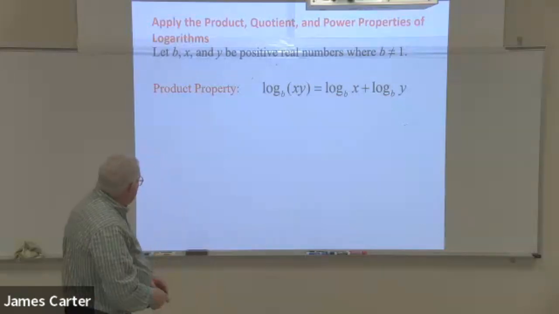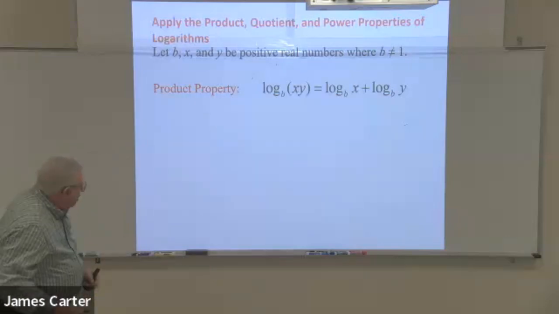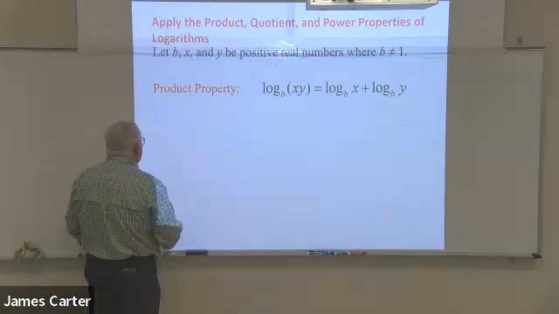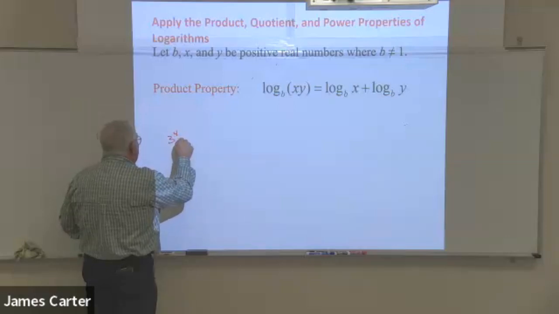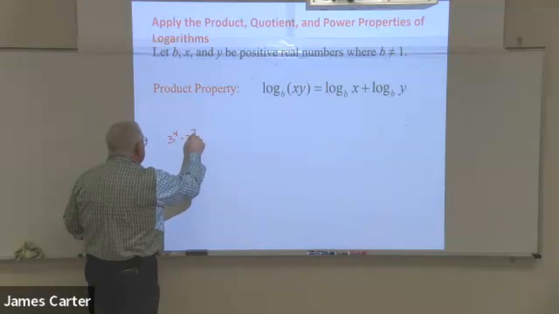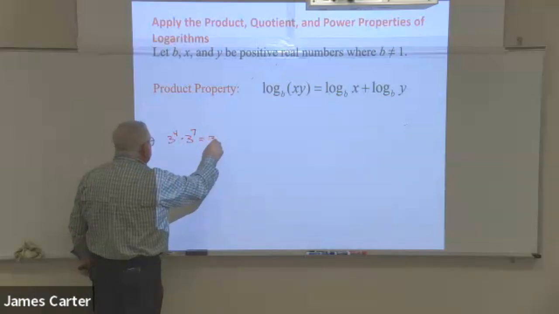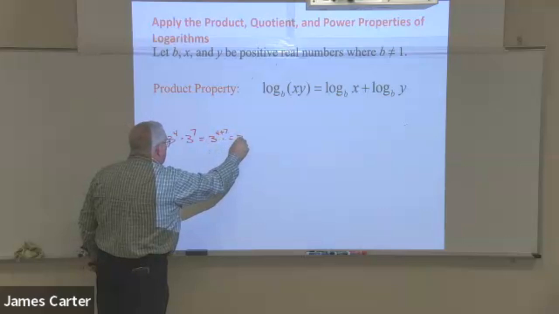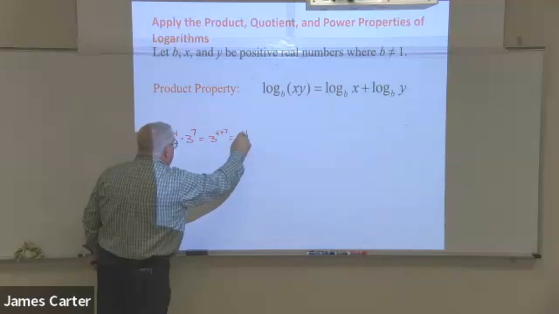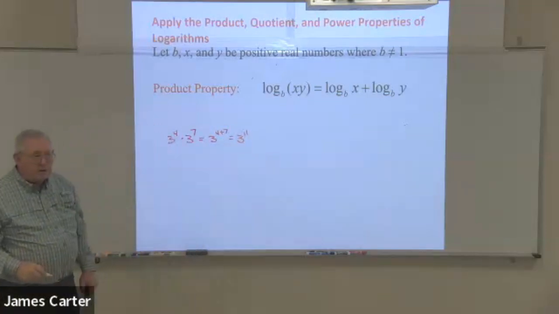If we looked at problems like, for example, 3 to the 4th times 3 to the 7th, since we've got the same base, this would be the same thing as 3 to the 4 plus 7, or simply 3 to the 11th.